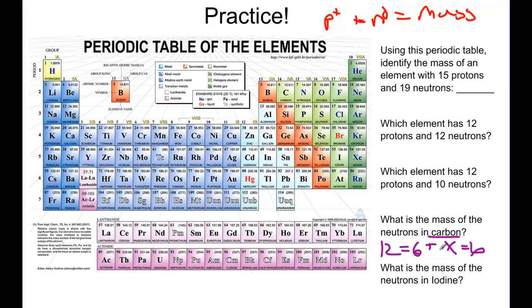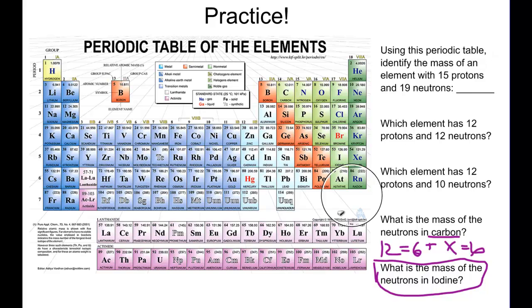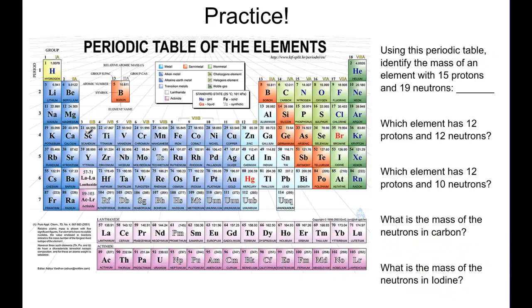Simple enough. So do the same thing here for iodine. Try that one on your own. You should be able to do these math problems in class and on a quiz or a test that I give you. Remember how to use the periodic table. Remember to look at the symbol to find where the number is, where the mass is, and the name and symbol.